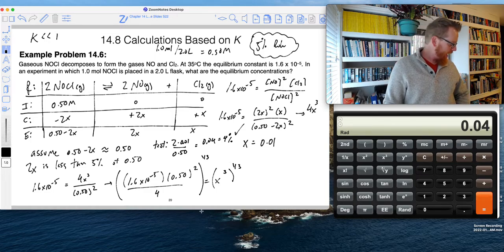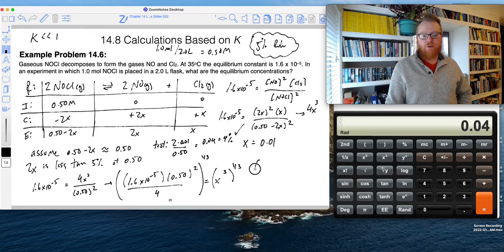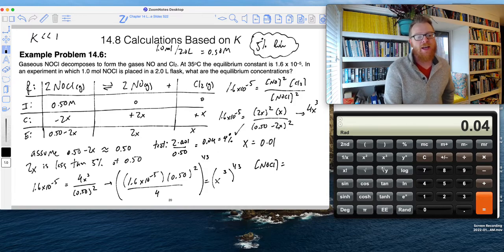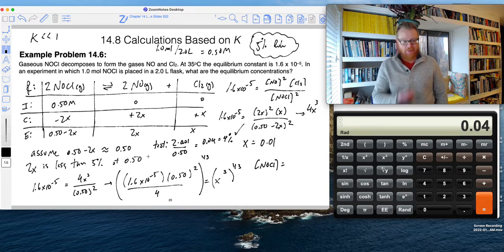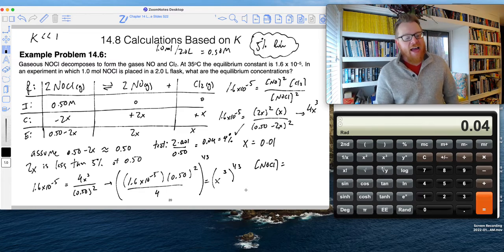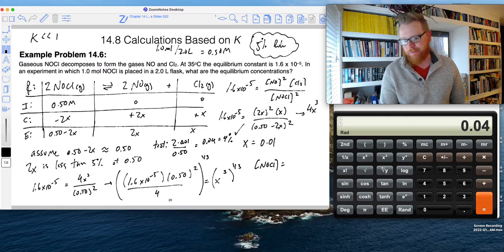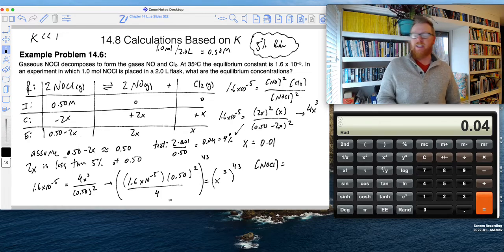Now for my NOCl, I realize this is a bit confusing because we said assume that it's 0.5 minus 2x. We only did that to make the algebra easier. So we're still going to plug that 0.01 back into this 0.5 minus 2x, and we can check it again just to make sure that it works.